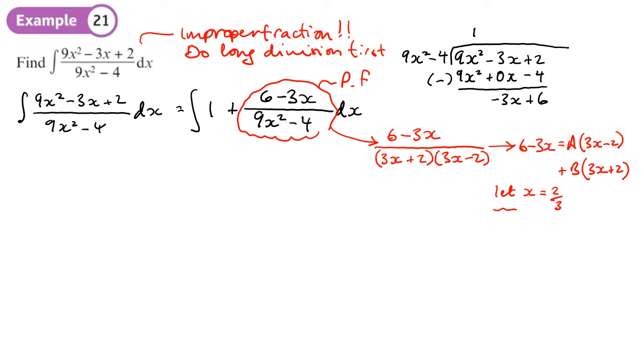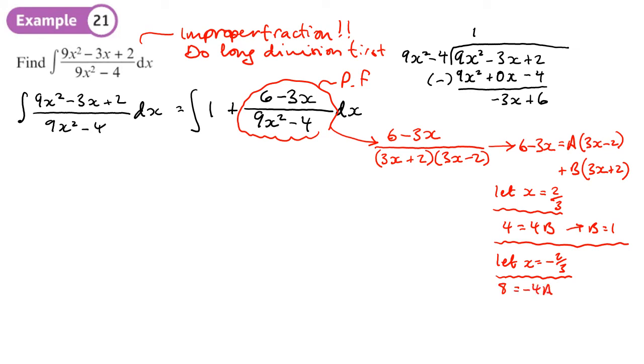So let's just work that out. This will give me 4 equals 4b, which means that b equals 1. And then I'm going to say let x equal negative 2/3. That will get rid of the b bracket. So let's work that out. Now that will give me 8 equals negative 4a, which then gives me a equal to negative 2.